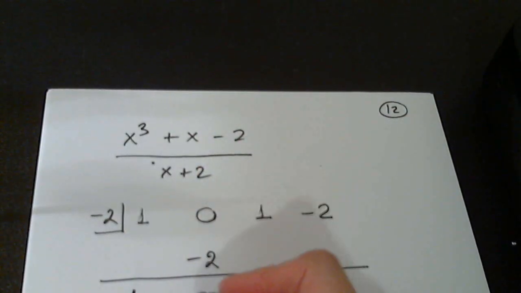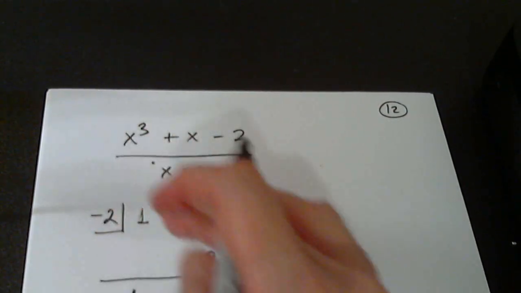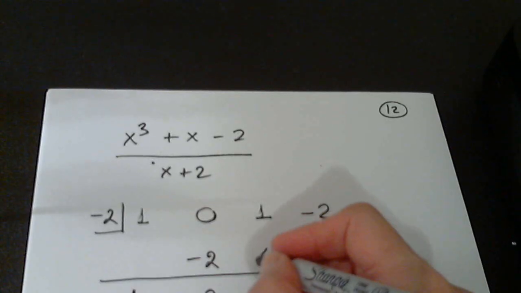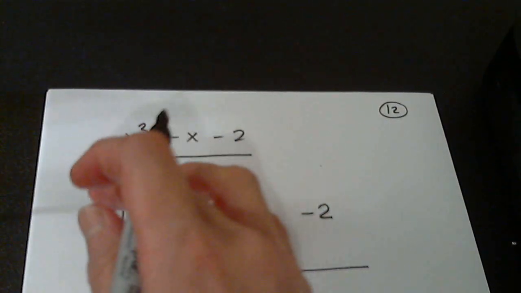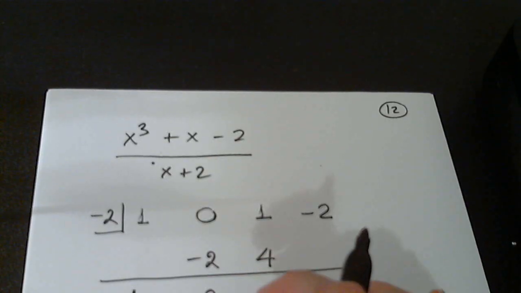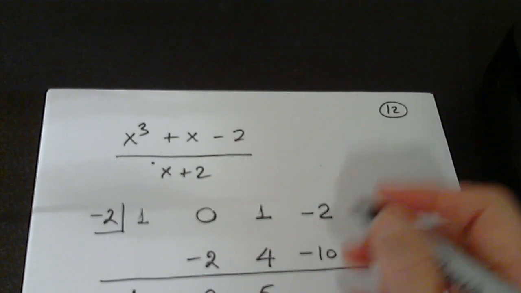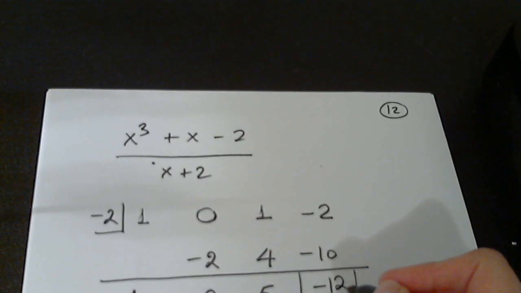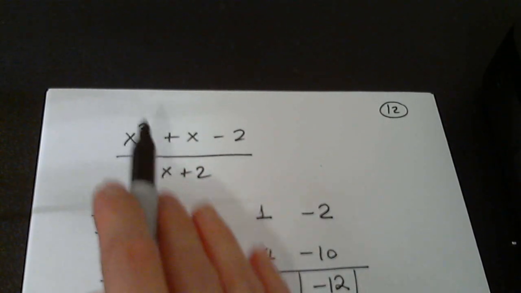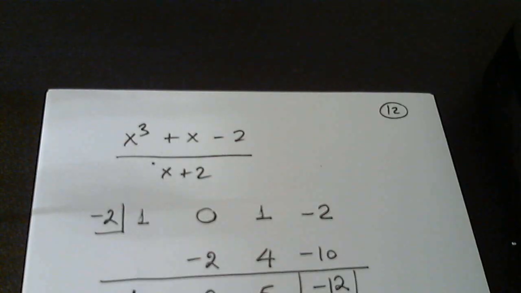Perform the operations. -2 times -2 is 4, right above the line. Add. -2 times 5 is -10. And the box has -12. I divided degree 3 by degree 1. What is all this?